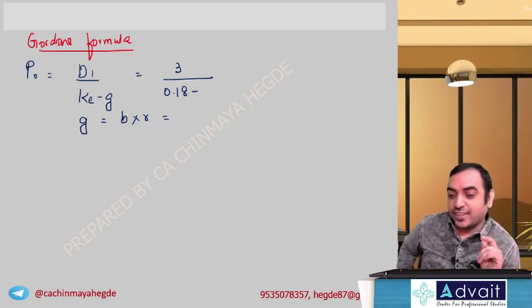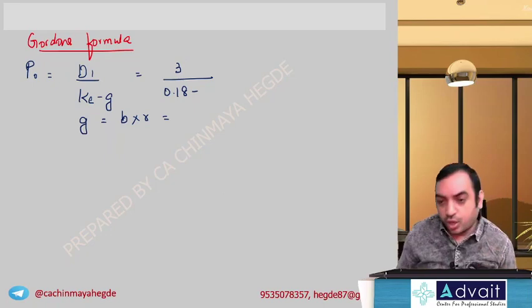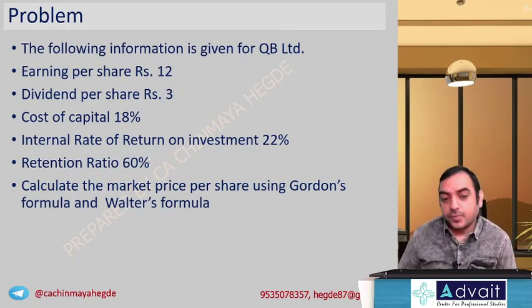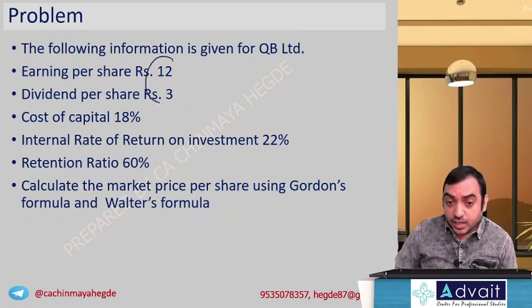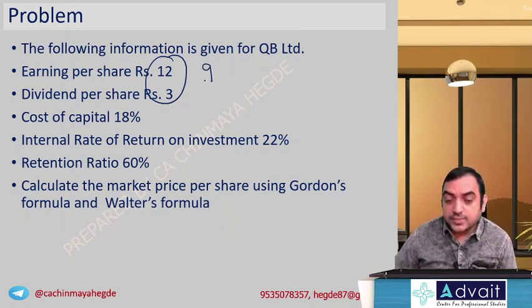60%. Okay, this is a slight trick or inconsistency, I don't know. Look at the problem. Earnings per share is 12 rupees. Dividend per share is 3 rupees. That means they retained 9 rupees. And what is the retention ratio formula? Retained earnings divided by EPS.